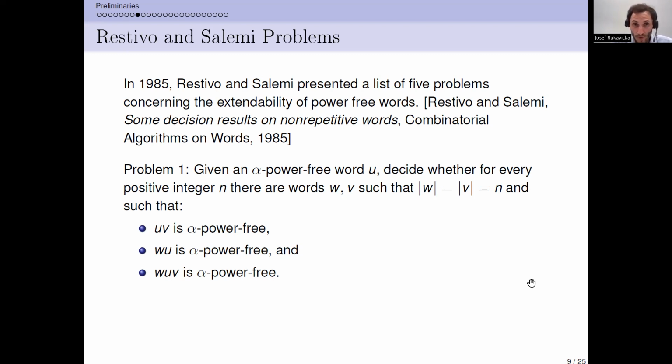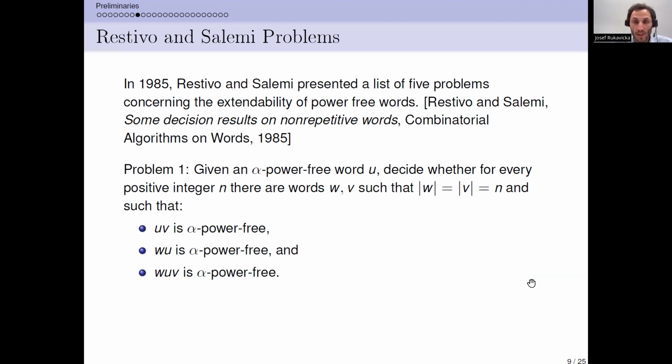If I have an alpha power free word u and a positive integer n, I want to know if there are words w and v of length n such that they can be concatenated with the alpha power free word u, and the result must also be alpha power free.